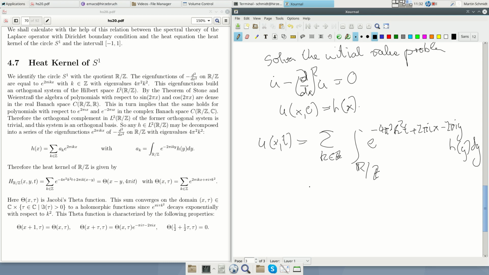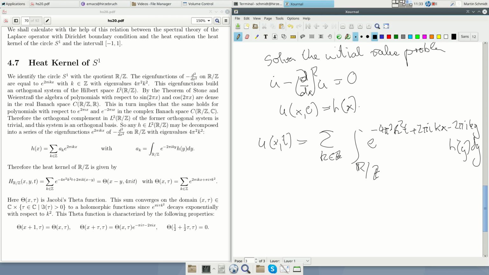So this is the formula. Now if this converges, and clearly this converges, because here, sorry, here is missing, of course, k, 2πi kx minus 2πi ky.